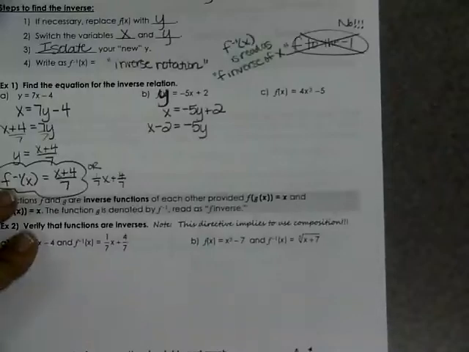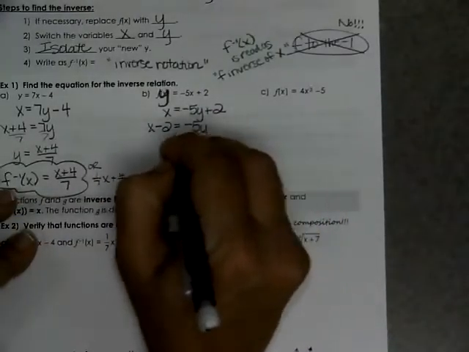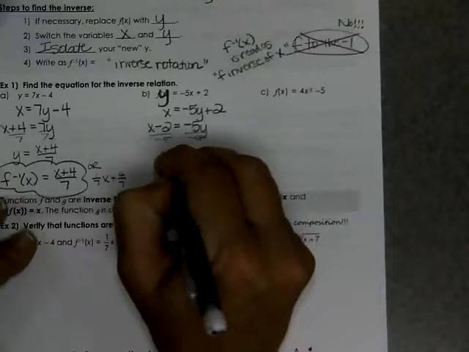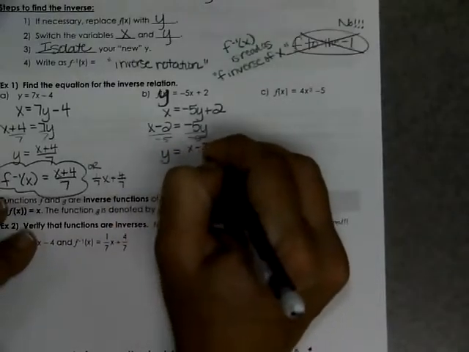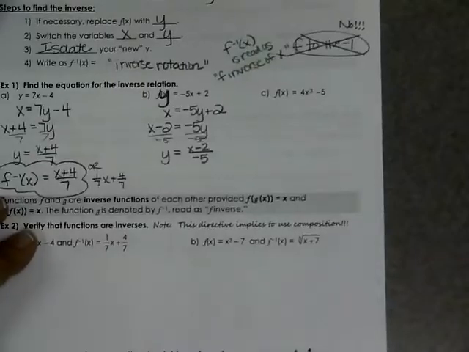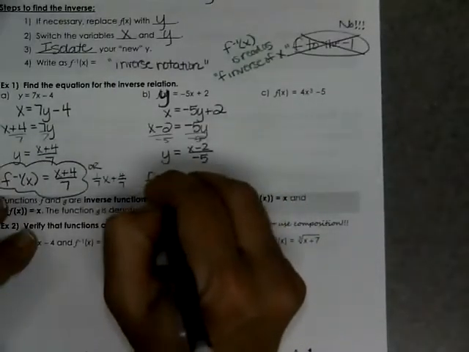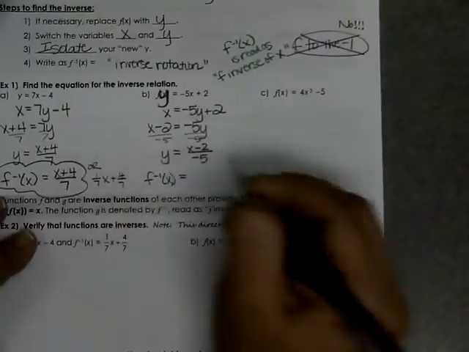So I get x minus 2 equals negative 5y. And then I'll divide by negative 5, and I get that y equals x minus 2 over negative 5. So we'll just replace y with this f inverse of x notation.